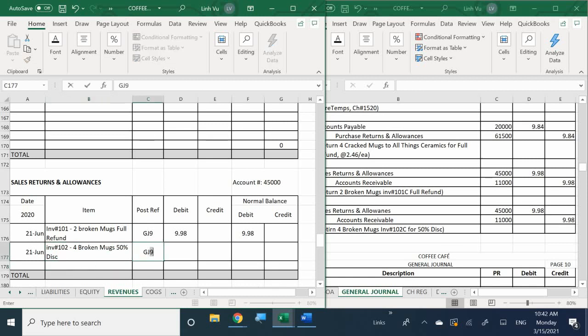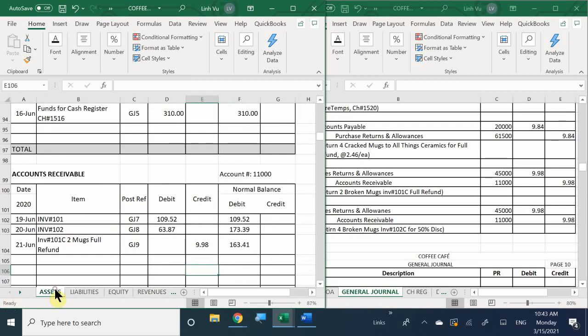Okay. General journal number 9 for $9.98. So therefore, what is going to be my new balance in my sales returns and allowances? 1996. Try again. Is it 19? Oh, it is 1996. Okay, sorry, I was thinking 1896. Okay, good.